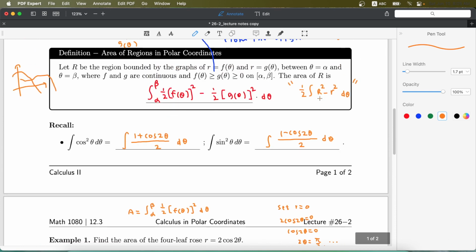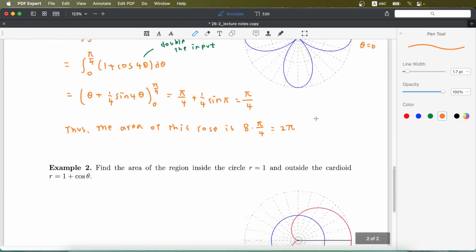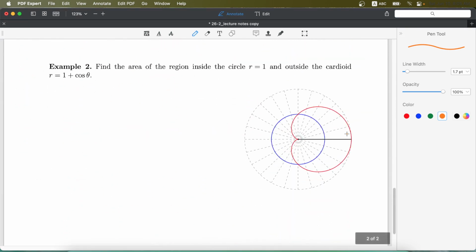1/2 outer radius. You can think of this as the outer radius or the larger radius minus the smaller radius, the inner radius. So right here, for this region, you can see that if you try to draw any ray, this radius will be larger than this radius, right?